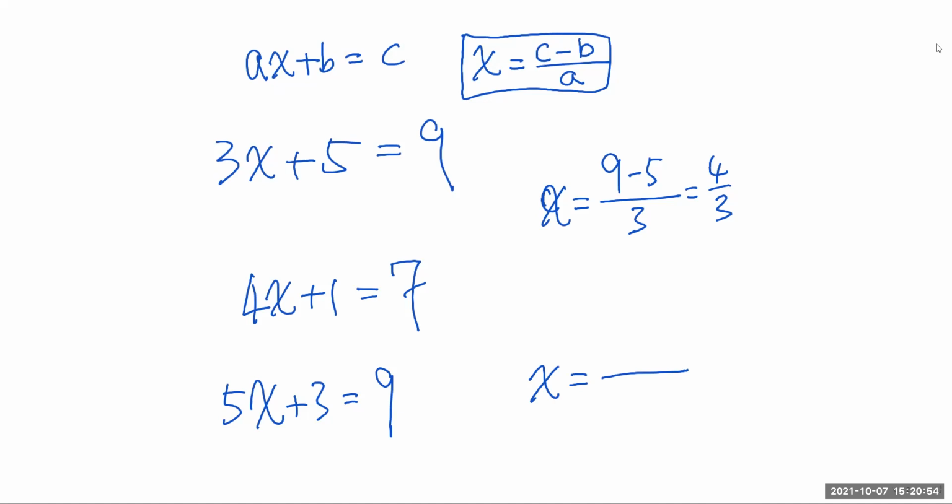Okay, so we got, very good, 9 minus 3 over 5, so 6 over 5. Good? Okay, let's just try a couple more of that.